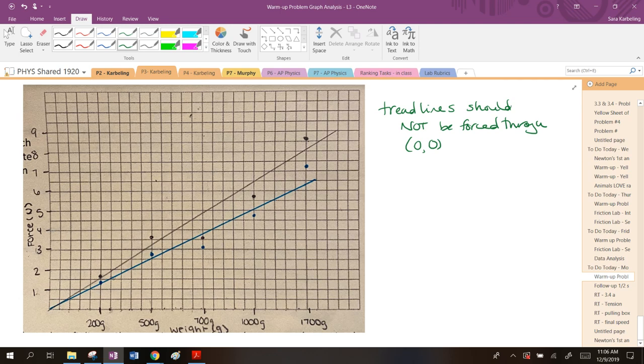I had a student, I don't remember if it was last time or when, but somebody was like, my trend line really does go through the origin. Is that bad? I'm like, no, it's fine if it legitimately does go through the origin. But in both of these cases, they probably don't go through the origin if you actually look at the data. I'm going to highlight here and take a look. I'm just looking at these ones here. So there, and there.